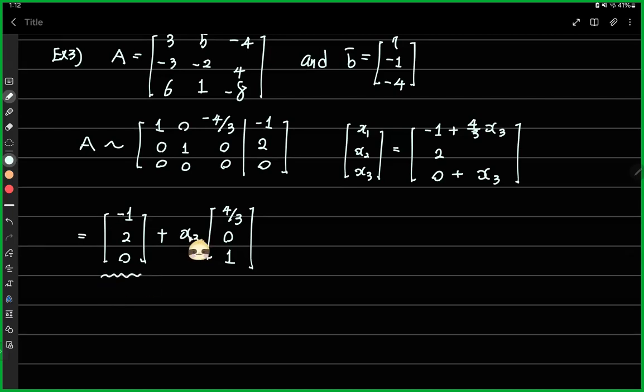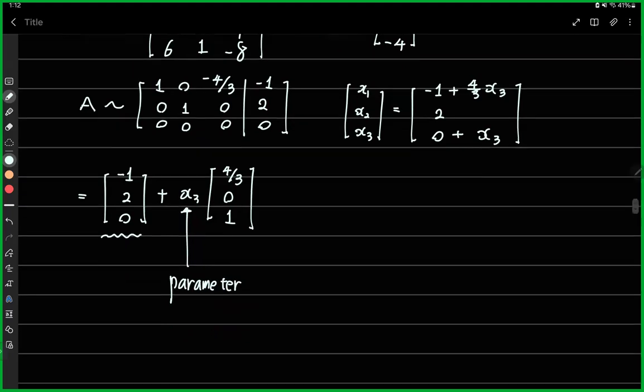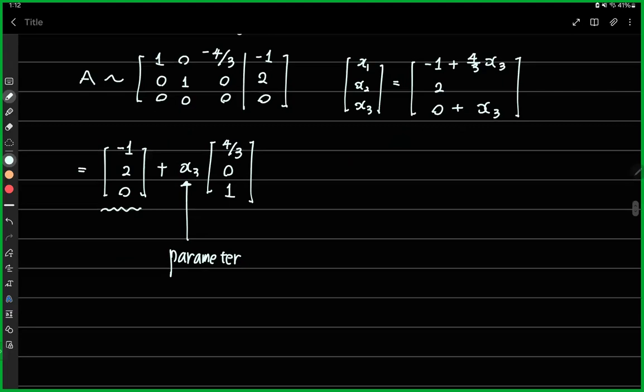Think about this: x3 can be any real number, right? This is the parameter. So when x3 equals 0, the solution must be negative 1, 2, 0.